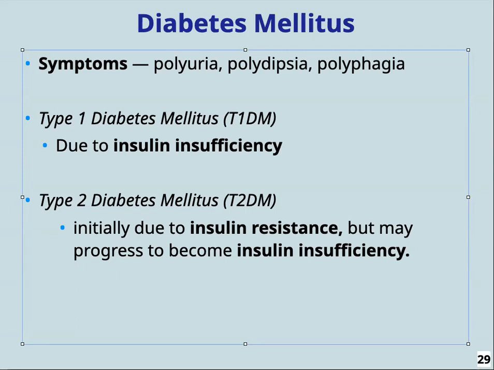Okay, and so these patients can eventually, later in their disease, progress to become insulin insufficient, meaning at this stage they would start to require insulin injection.